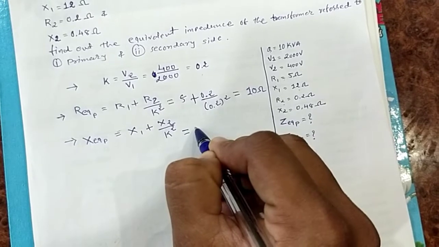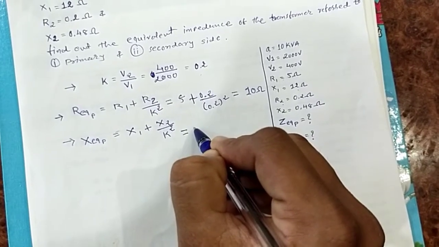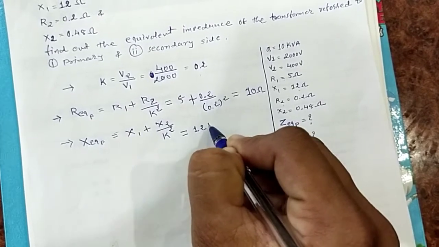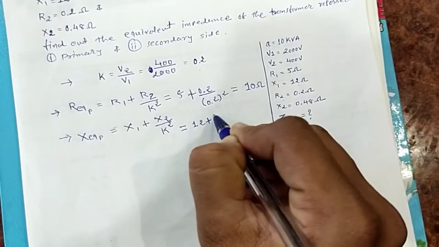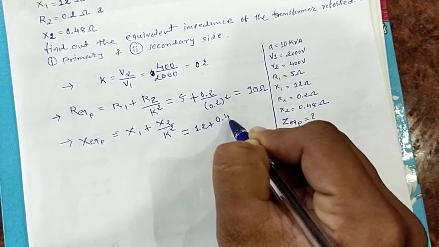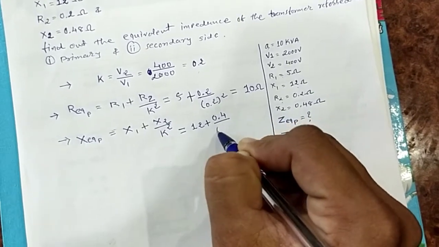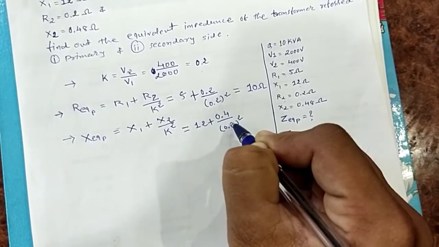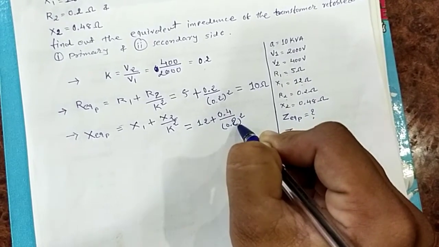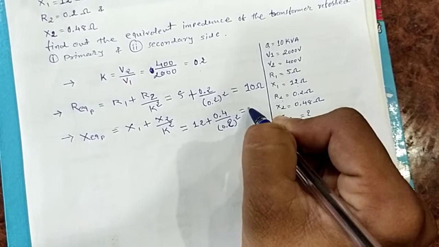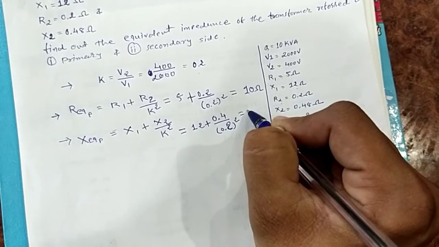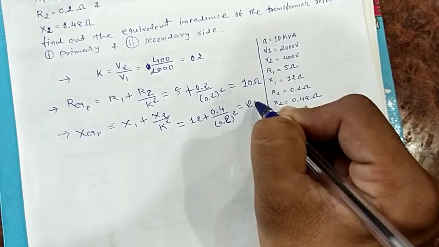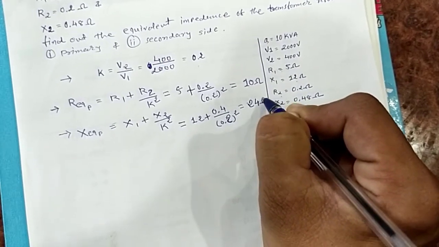Now simply put the values and get the answer: 12 plus 0.4 divided by 0.2 whole square. And we get the answer, the primary reactance is 24 ohm.